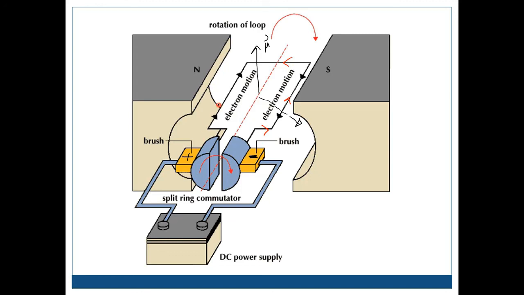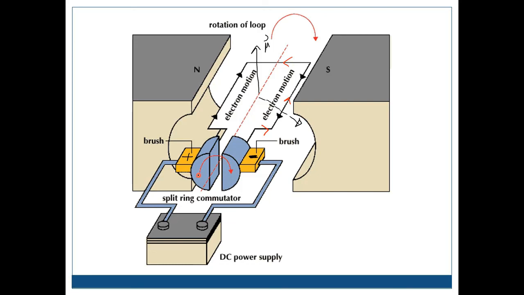So my loop will always go in a circle rather than oscillating if I have this brush system and the electrodes keep changing signs every half cycle. So this is what is happening inside your DC motor. You have a DC power supply rotating your loop constantly within the field.